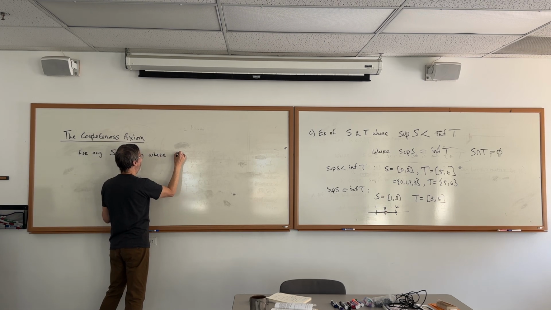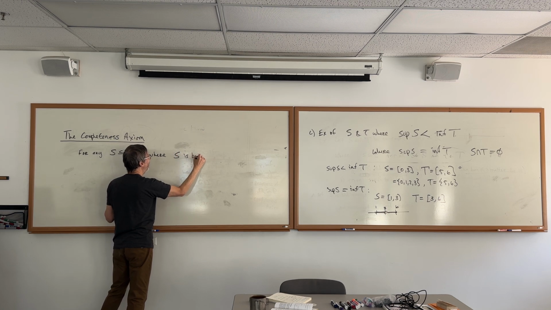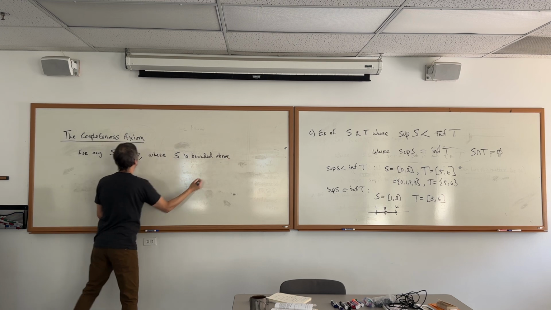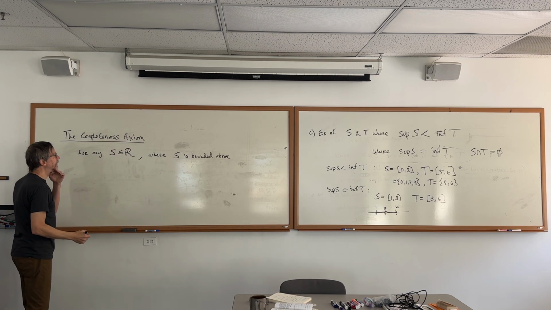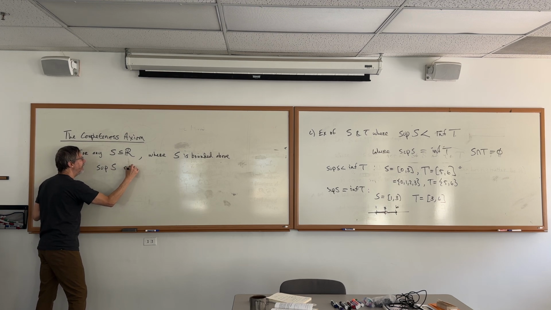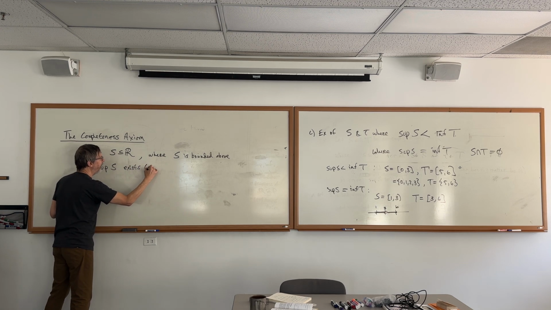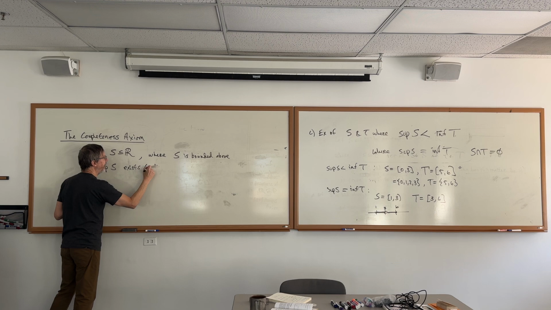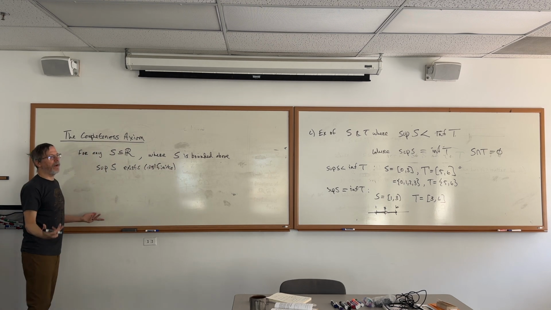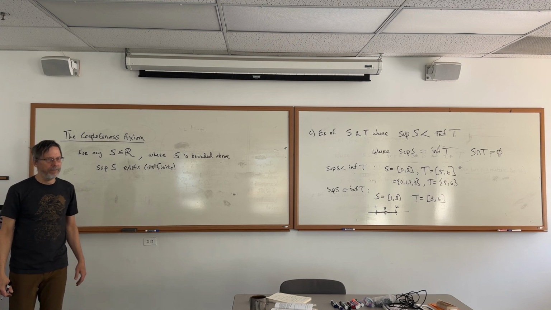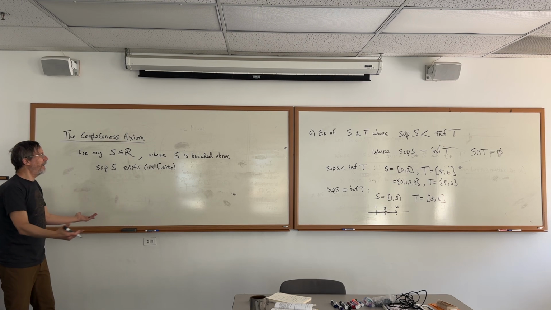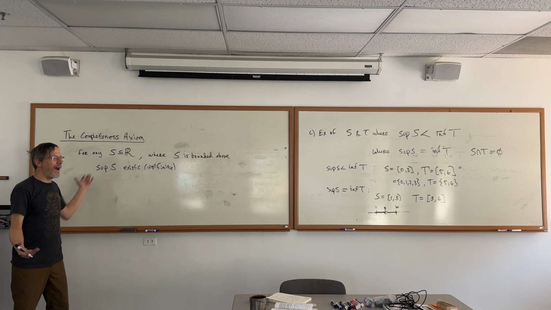So where S is bounded above, sup of S exists and is finite. You can find the supremum of any bounded thing. A contrasting one would be if I was bounded below, I have an infimum.